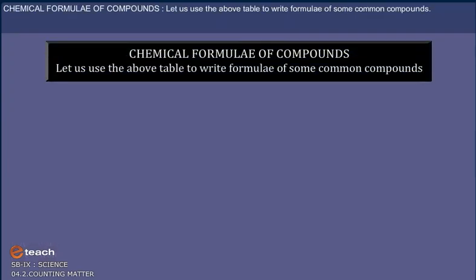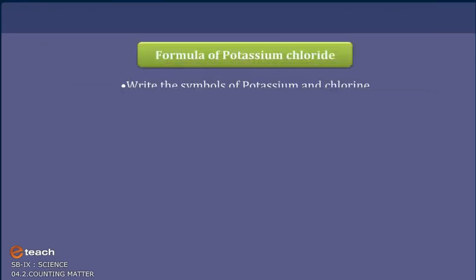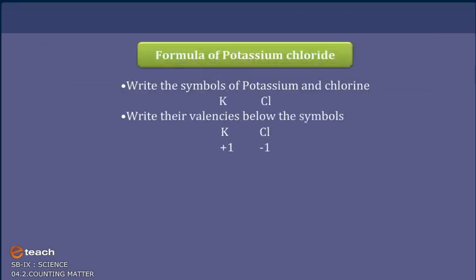Chemical formulae of compounds. Let us use the above table to write formulae of some common compounds. Potassium chloride. Write the symbols of potassium and chlorine. The symbol of potassium is K and the symbol of chlorine is Cl.